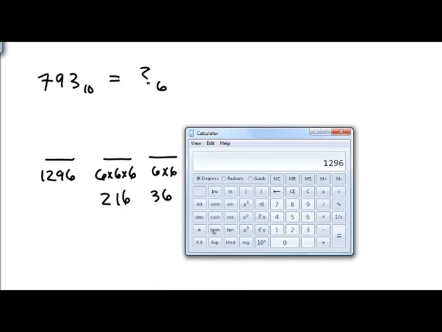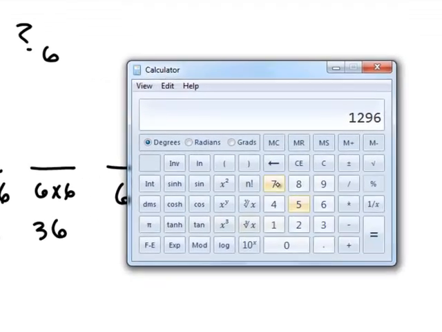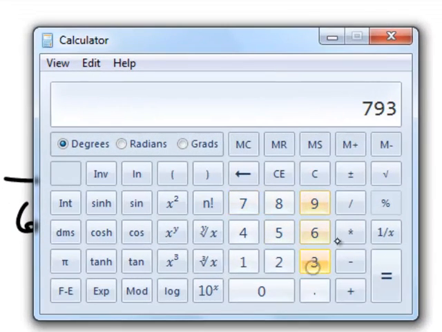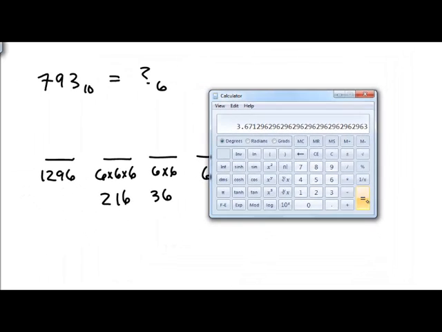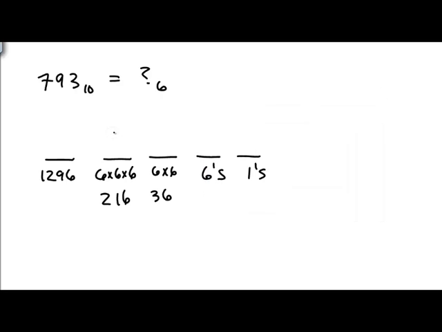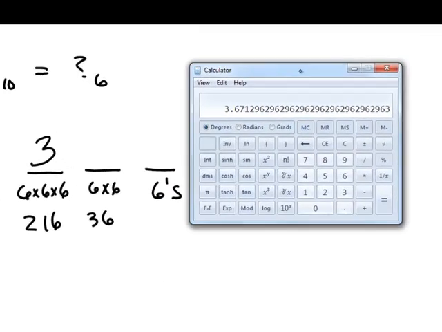Here's the trick. How many 216s are in 793? 793 divided by 216 is 3 and change. That means that there are 3 216s in 793 with something left over.